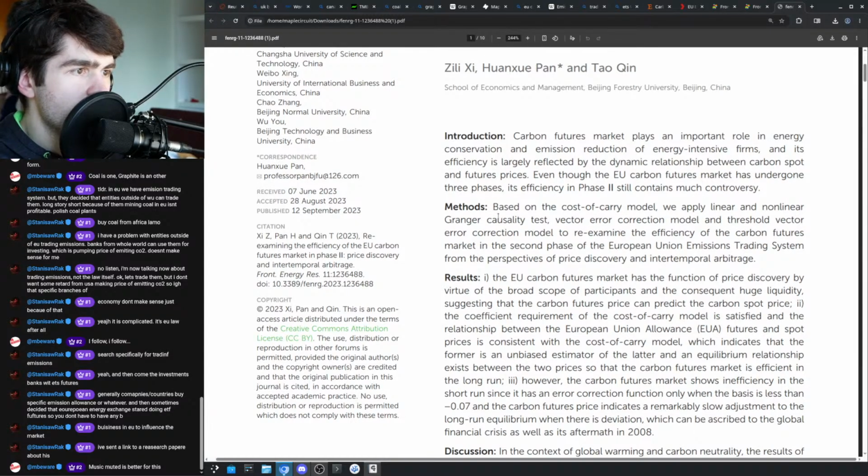Based on the cost of carry model, we apply linear and nonlinear Granger causality test, vector error correction model, and threshold vector error correction model to re-examine the efficiency of the carbon futures market in the second phase of the European Union emission trading system from the perspective of price discovery and intertemporal arbitrage.